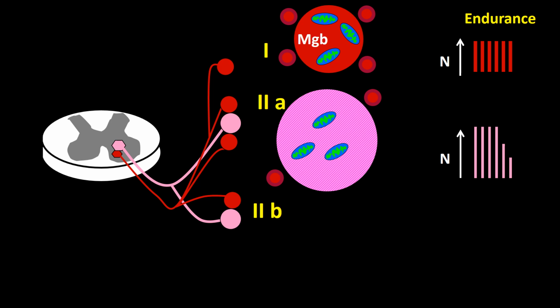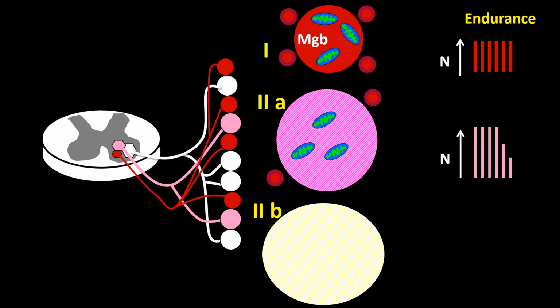Type 2B muscle fibers are innervated by the largest motor neurons. Type 2B motor fibers are large and contraction time is very fast. Mitochondria density is low, hence oxidative capacity is low, glycolytic capacity high, and major storage fuel is creatine phosphate and glycogen.